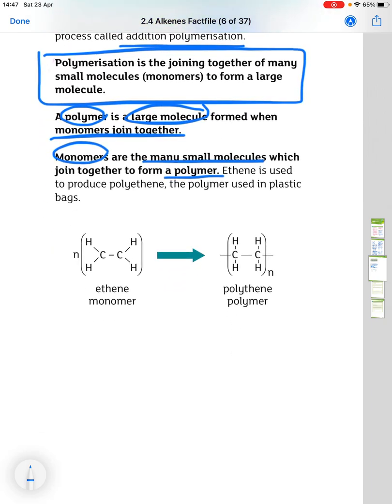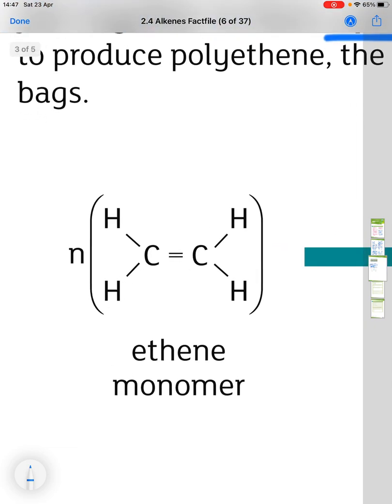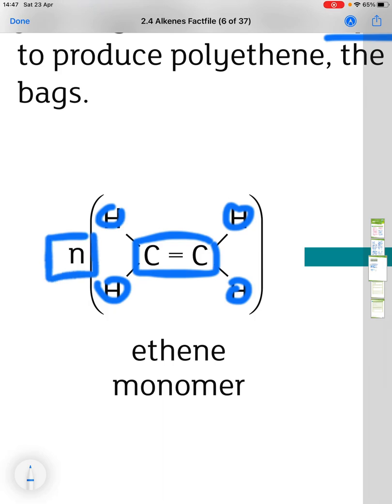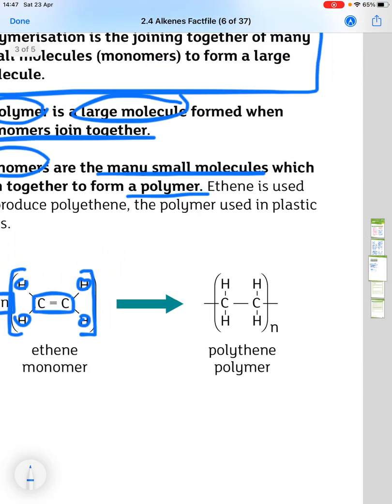So we draw the monomer. You see we do the 2 carbons with the double bond here written horizontally, and then whatever the other groups are around it. n shows that there are a large number of those molecules involved, and then we do square brackets to show that that is the monomer.